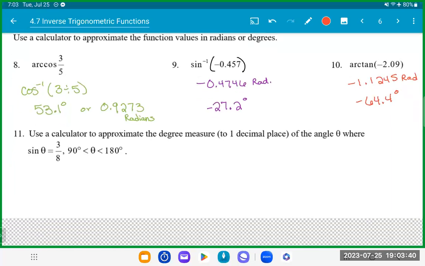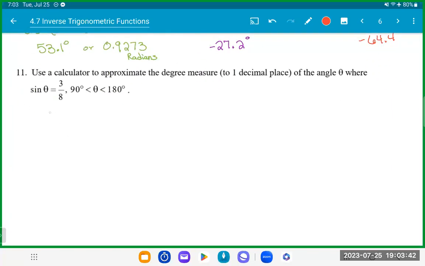So this other example here, we want to use a calculator to approximate the angle where sine theta equals 3/8, right? So this is my opposite over my hypotenuse. It tells us that we are between 90 and 180 degrees, so we're over here in this quadrant.